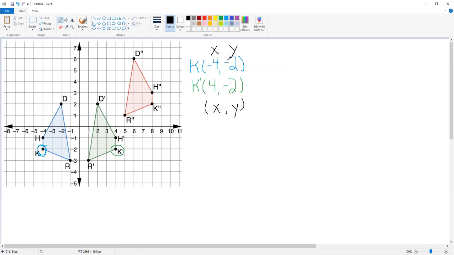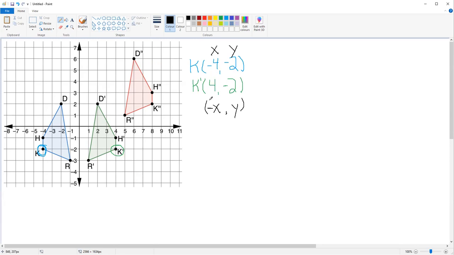Now, my Y value was negative, and it stayed negative, so I'm not going to change this. My X value was negative, and it became positive, right? So this indicates that it did change polarity. Don't be confused with the actual value; this just indicates that it changed from negative to positive, or positive to negative.